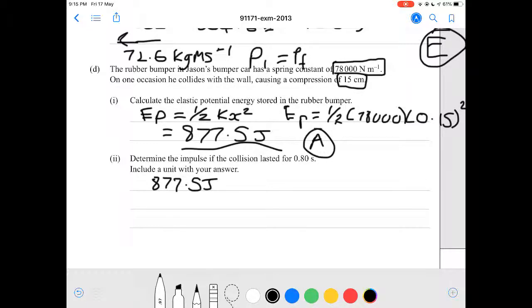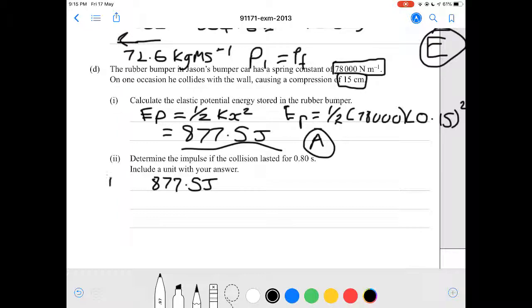And we know Hooke's law, F equals negative kx. Like I stated in a previous video, the negative only represents a change in direction. It doesn't represent a negative spring constant. So we can just ignore the negative and say F equals kx.